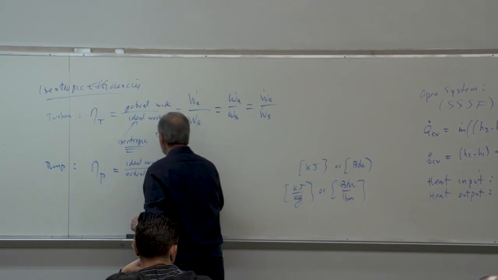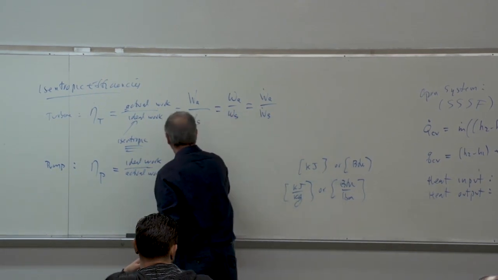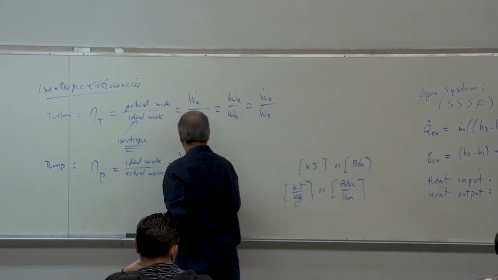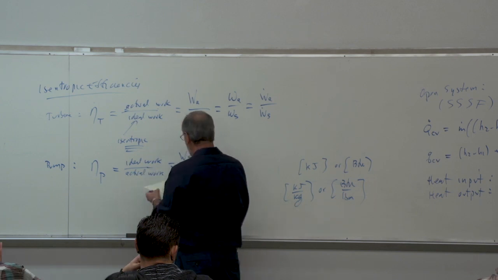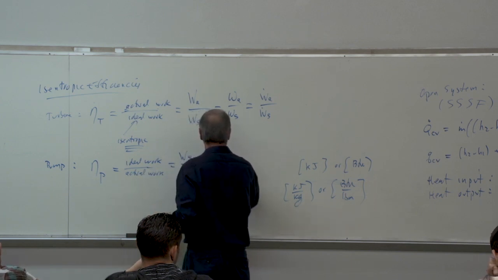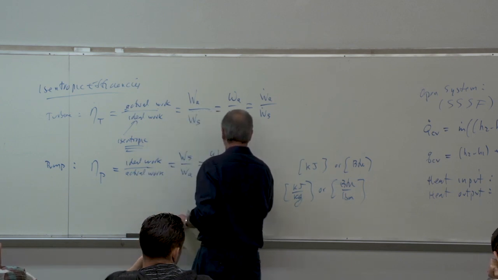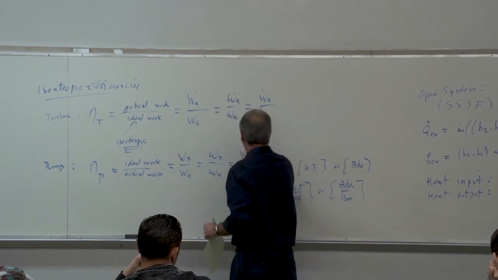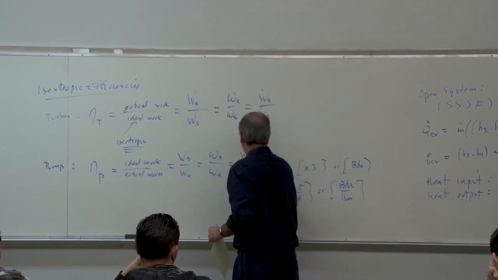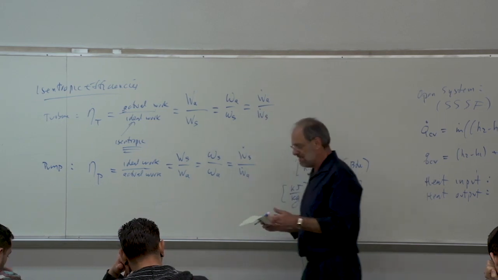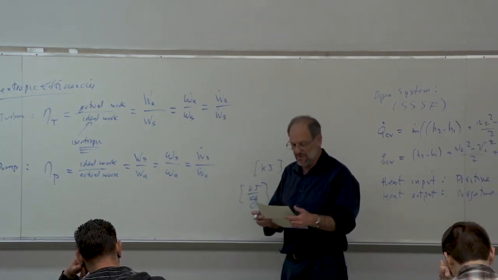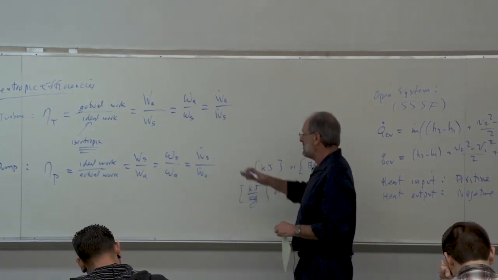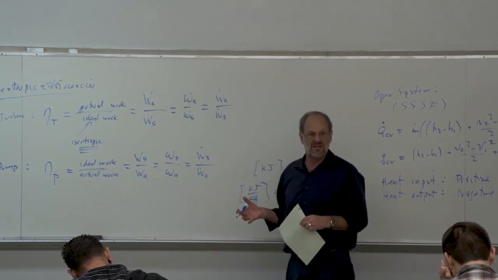So, nonetheless, as we continue with the pump, we would just write this as W_S over W_A, or work per unit mass S over work per unit mass A, or this could also be the ideal power over the actual power. That's going to apply to the pump. And it turns out that in this general form, the same thing applies to the compressor.